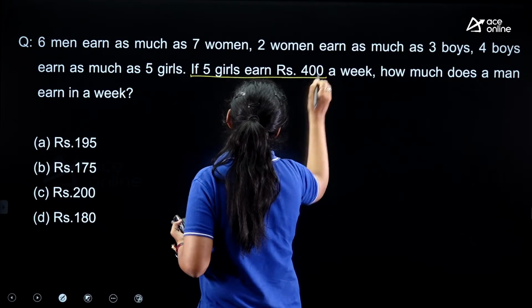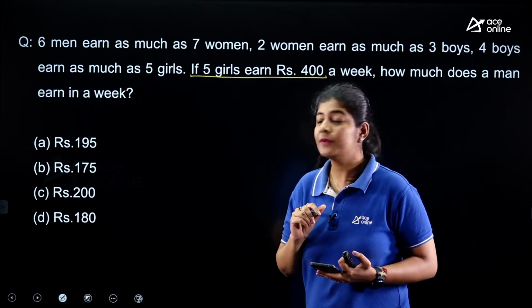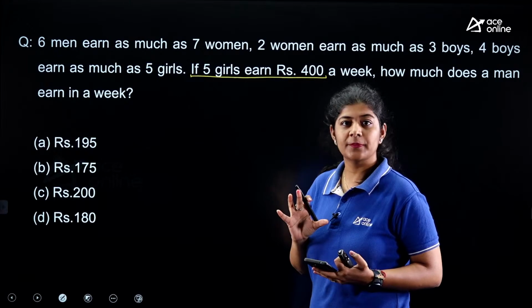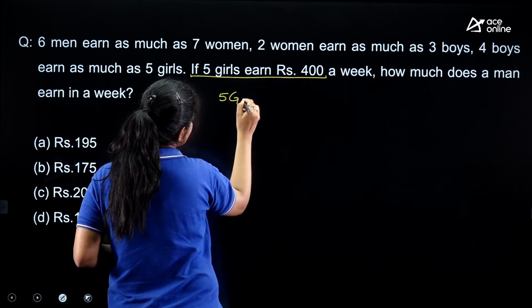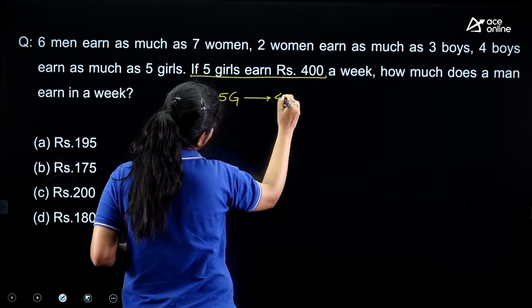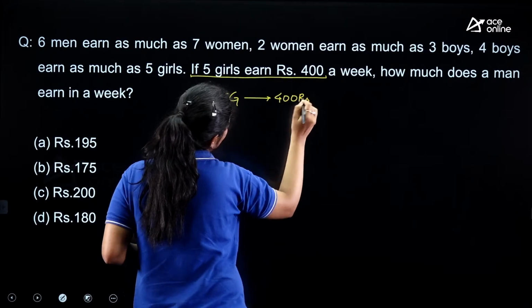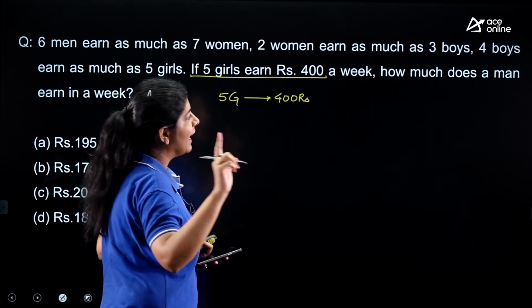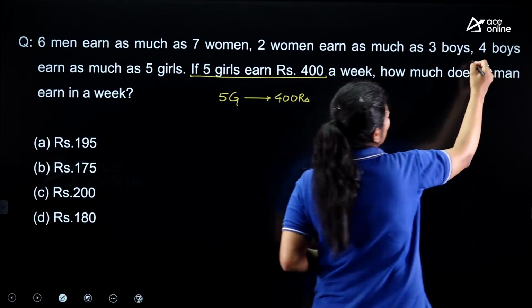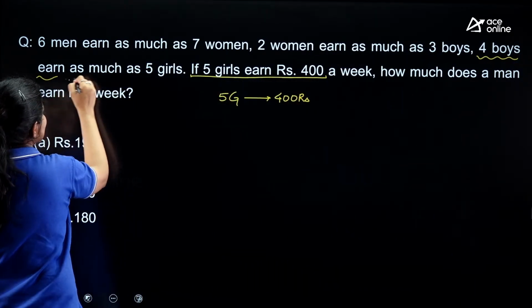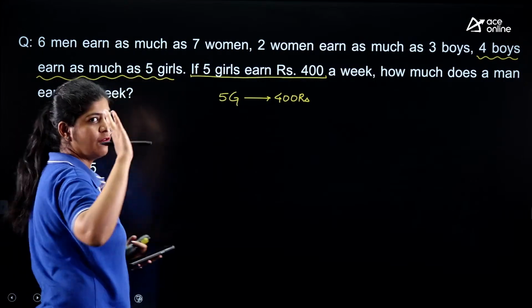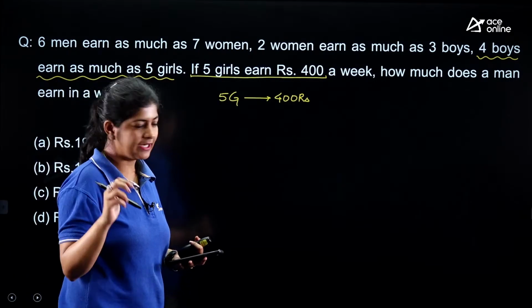The question is saying that 5 girls are earning 400 rupees a week, right? And it is also given that 4 boys earn as much as 5 girls. That means the earning of 4 boys and 5 girls are equal.